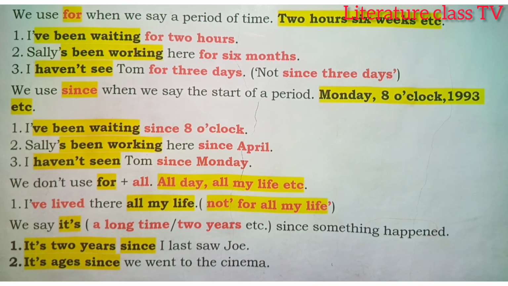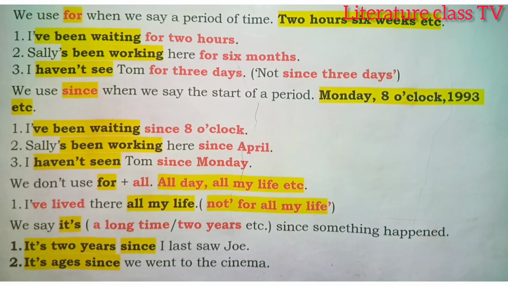Never use for where we have all. For example, I have lived here all my life, not I have lived there for all my life. That is a mistake.